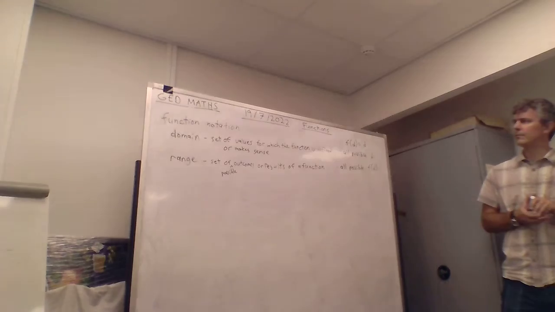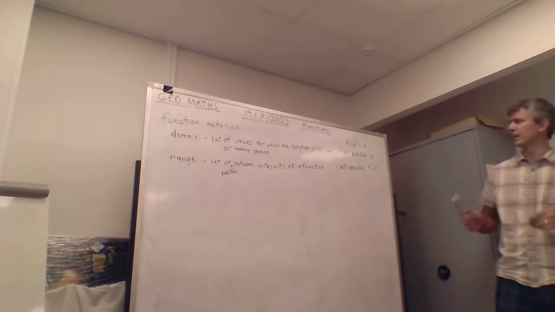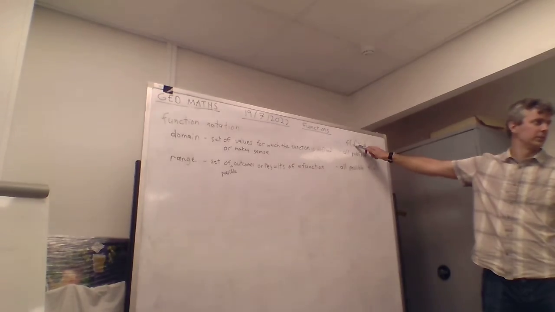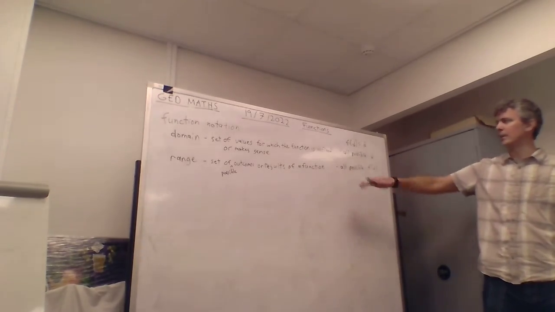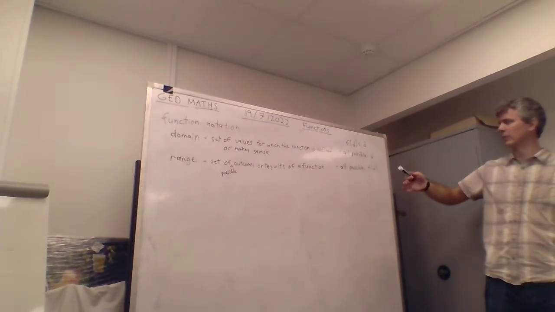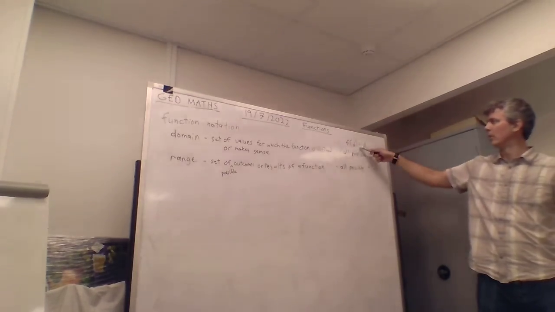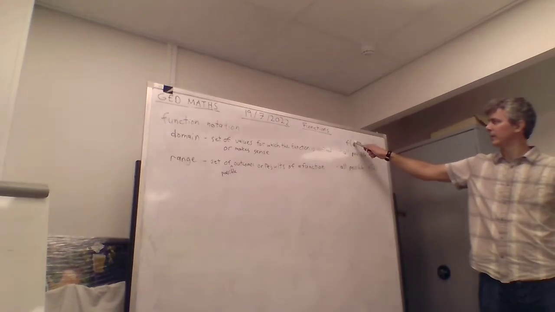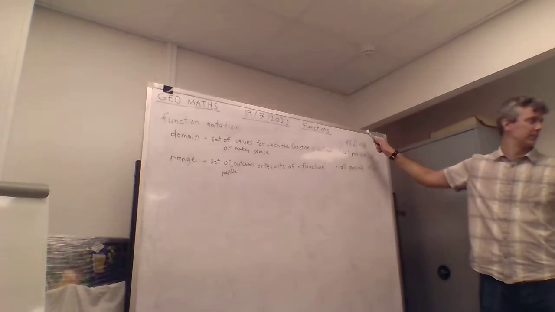So domain is a set of values for which the function is defined or makes sense. So a set of whatever this number can be in your function. Range is a set of outcomes or results of the function that are possible. So that's whatever the whole thing can do. So domain is whatever this value can be, and range is whatever the whole thing can be.